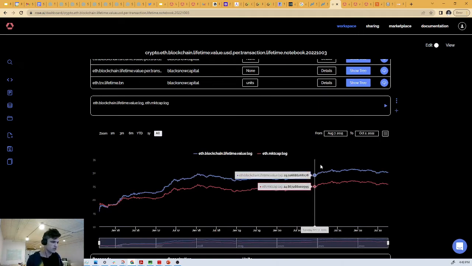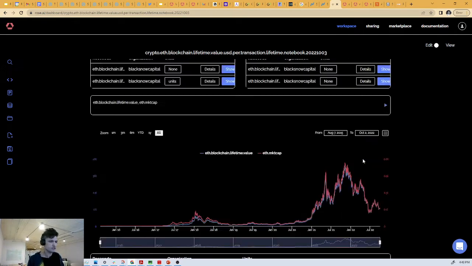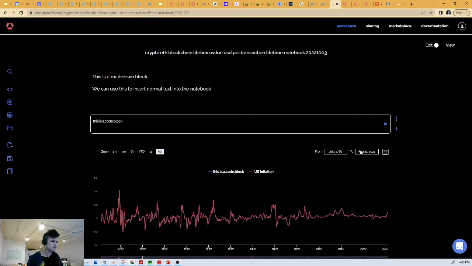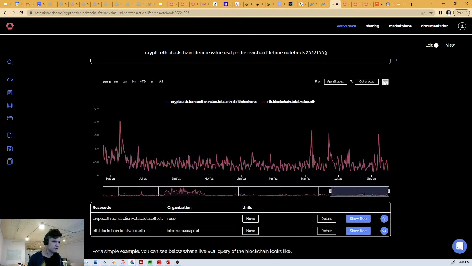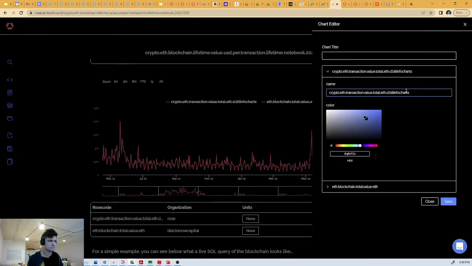So this notebook is just kind of walking through those different things. There's a couple too many charts down here in the middle. Let's clean it up on tape. So we got, okay, this is going to be this is the daily.